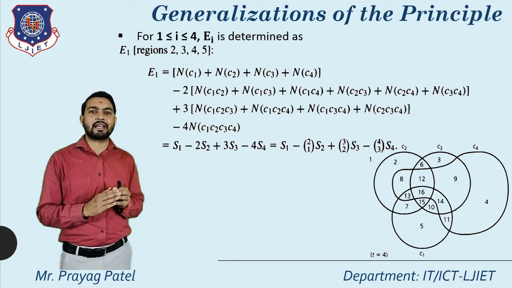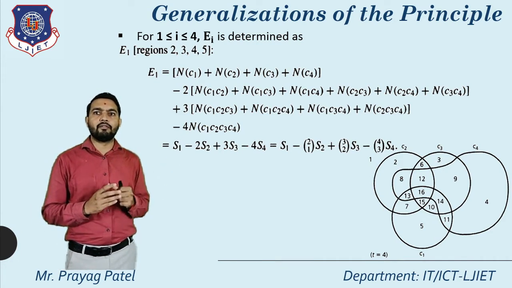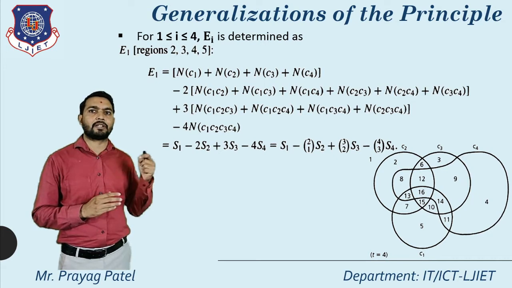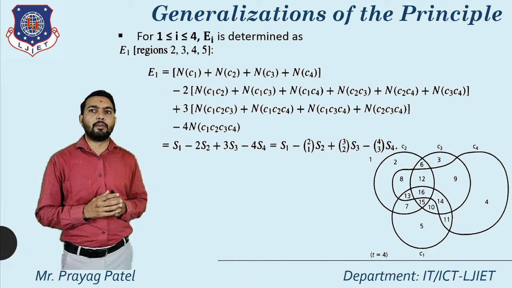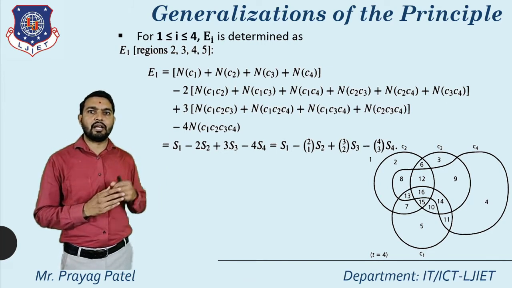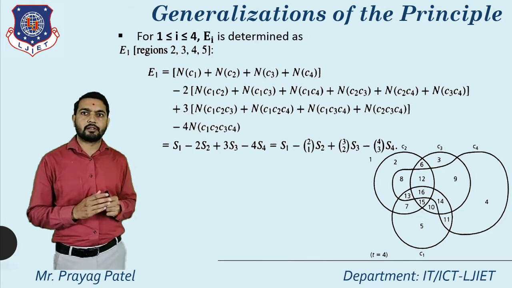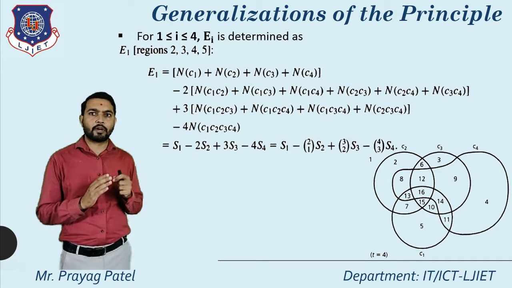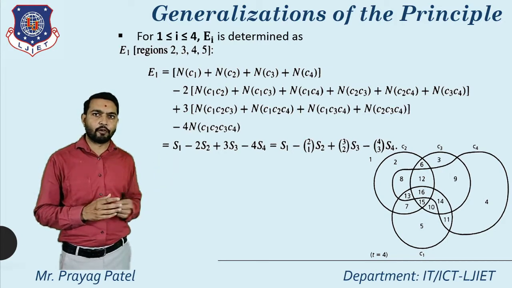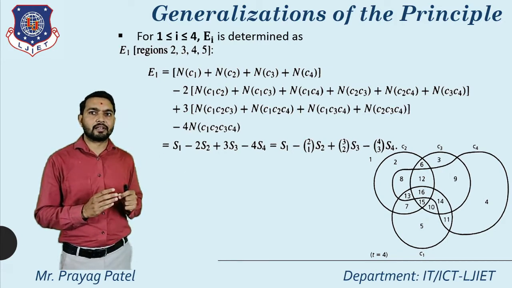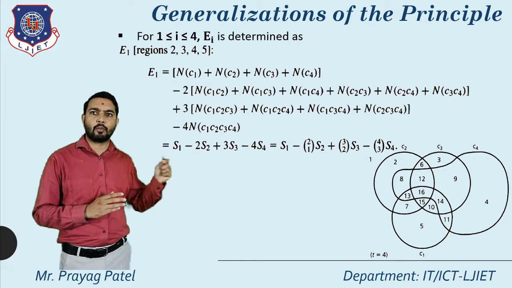These regions are considered as only one condition satisfied. So the equation for E1 is equal to n(C1) plus n(C2) plus n(C3) plus n(C4), all the individual conditions, minus 2 times the combinations of two elements, n(C1∩C2), C1∩C3, C1∩C4, C2∩C3, C2∩C4, C3∩C4, plus 3 times the combinations of three elements, C1∩C2∩C3, C1∩C2∩C4, C1∩C3∩C4 and C2∩C3∩C4, minus 4 times all the conditions C1∩C2∩C3∩C4. So this is a common equation.